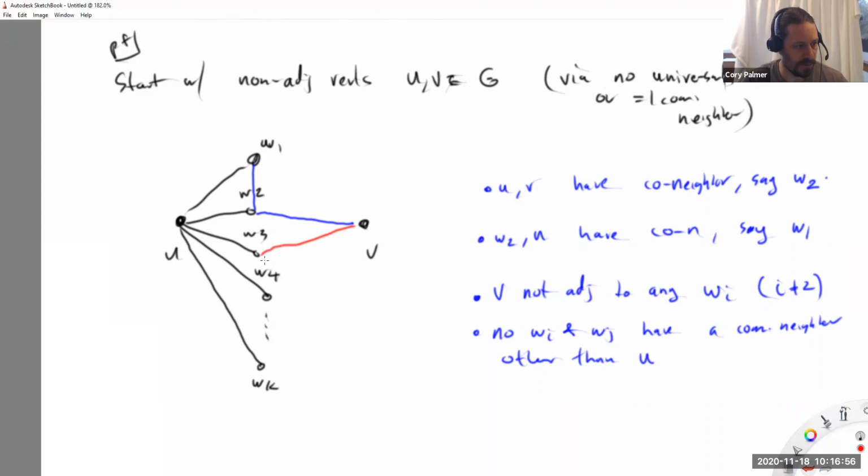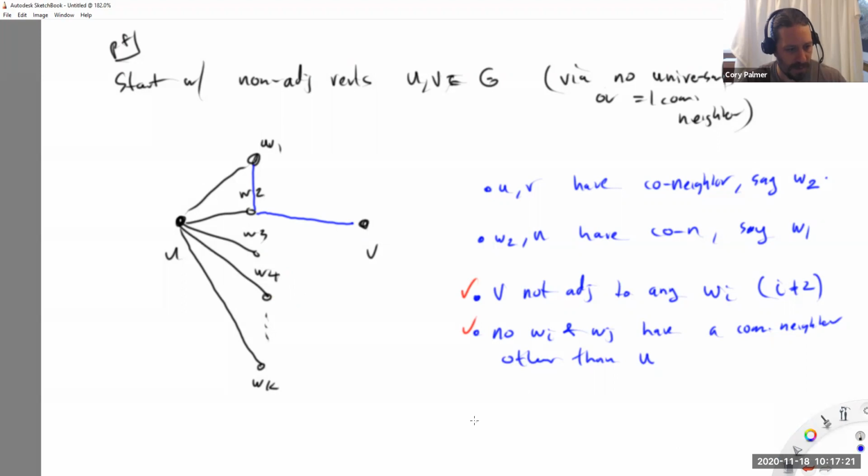Such an edge doesn't exist. We already established that. The other type of edges that don't exist: there's no other vertex out here that's adjacent to W3 and W4 either, even aside from V. This can't happen either, because W3 and W4 would have U as a common neighbor, or we'd have a cycle. Either of those are bad. So those are the two things that I've established here. That doesn't happen, and that doesn't happen.